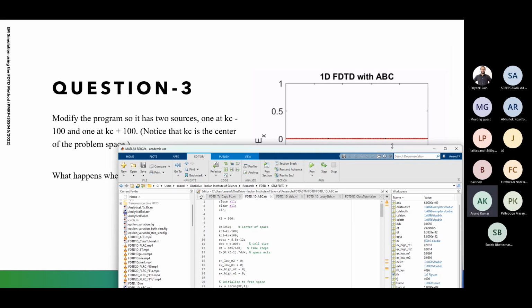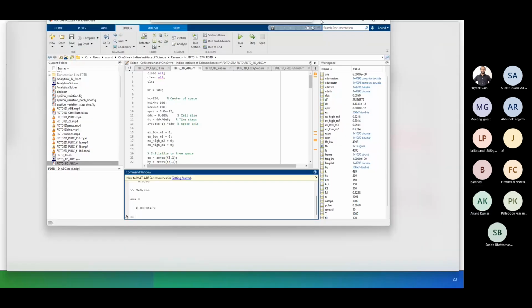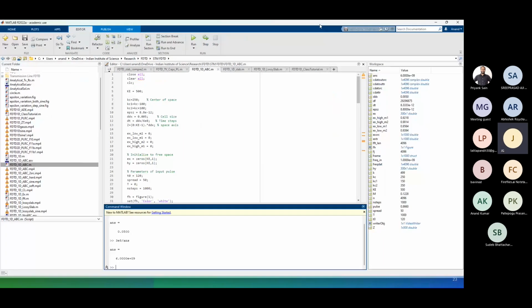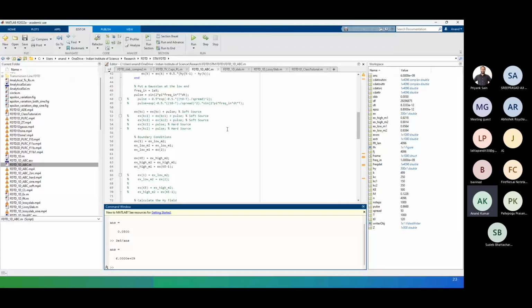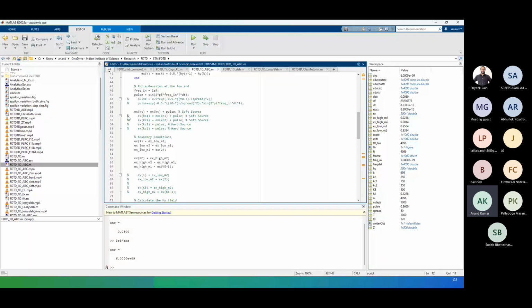Can you see the MATLAB screen? Is the font okay? Yeah, that's all right. So I've highlighted this. These are commented over here. These are the two lines that we use to include two soft sources.